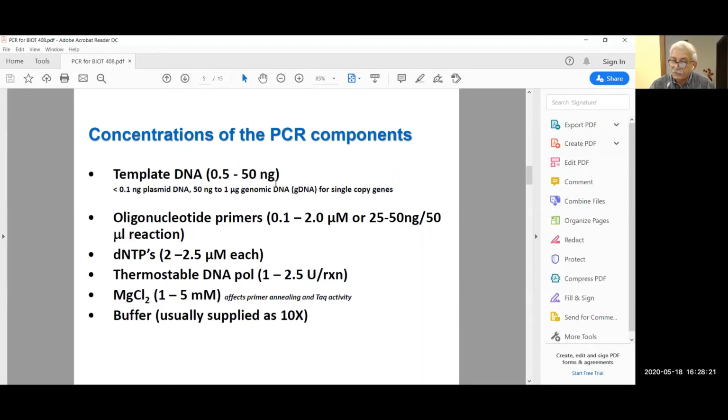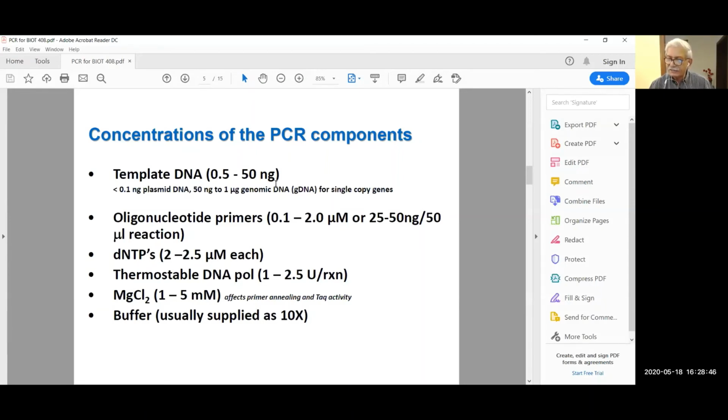You must have 1,000 copies of the template, the gene that you want to amplify, or any other DNA fragment that you want to amplify. You must be sure that there are at least 1,000 copies of that.